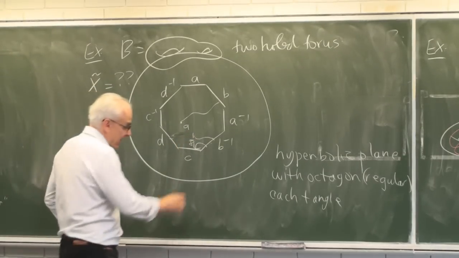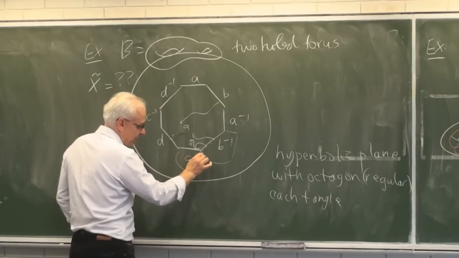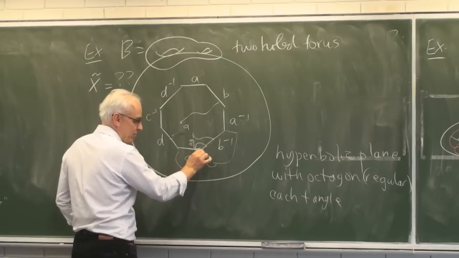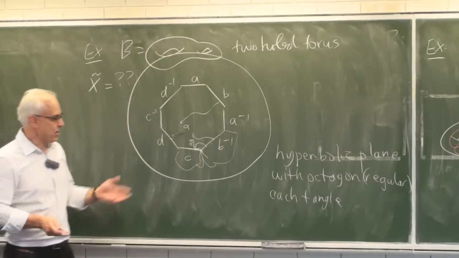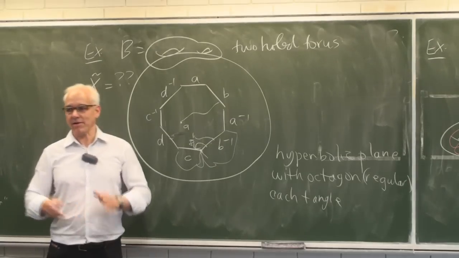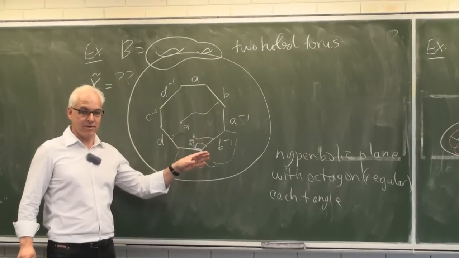Which means that there are, in fact, 8 congruent octagons fitting around such a vertex. Now, you can't do that in the ordinary Euclidean plane, but with the magic of hyperbolic geometry, you can do that in the hyperbolic plane.